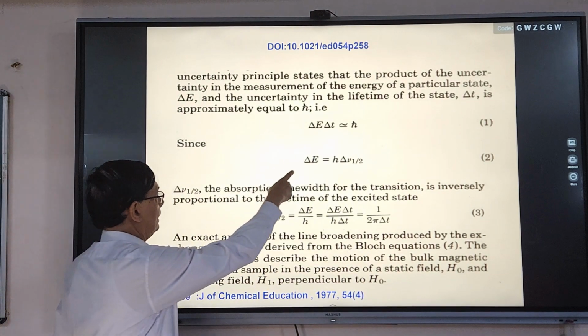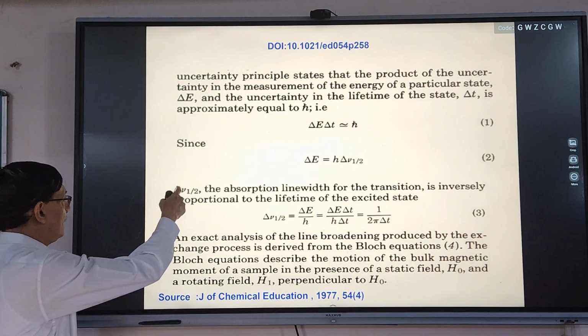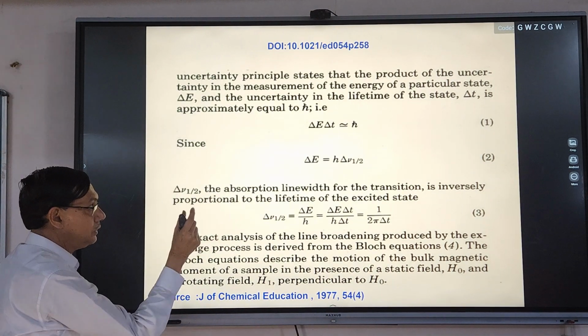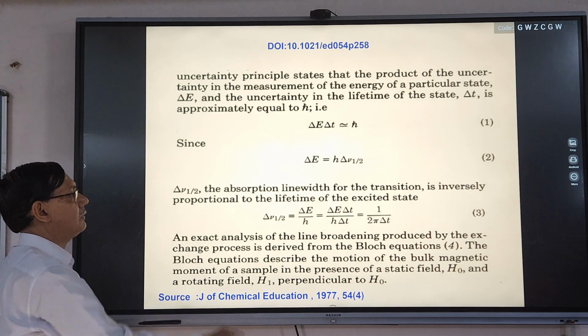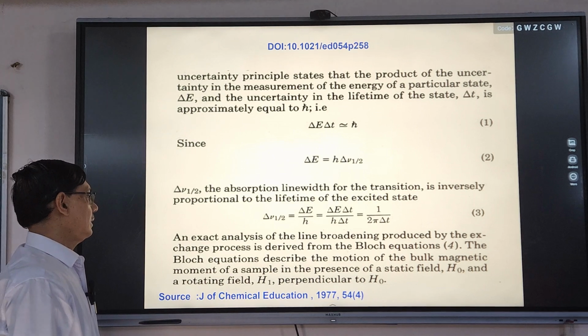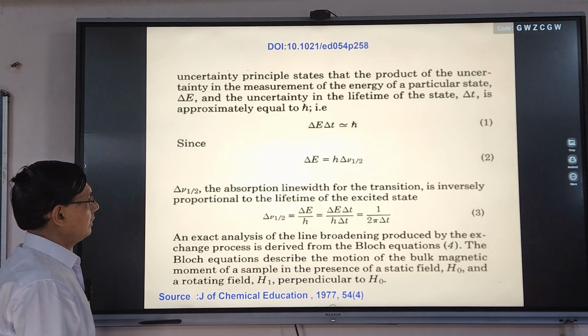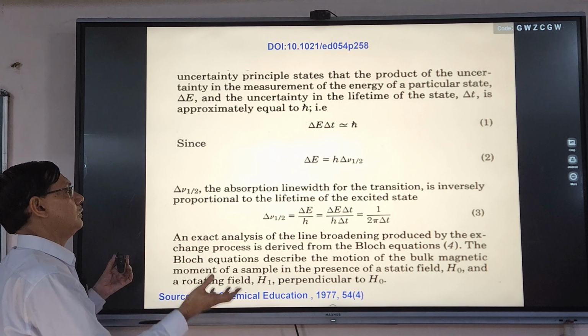Or I can write delta E is equal to h delta nu half. So delta nu half, the absorption line width of the transition, is inversely proportional to the lifetime of the excited state. That means the same thing: if one is high, the other will be low. If one is low, the other will be high.